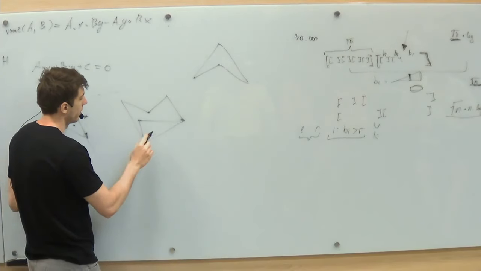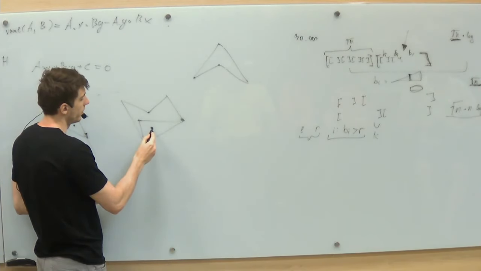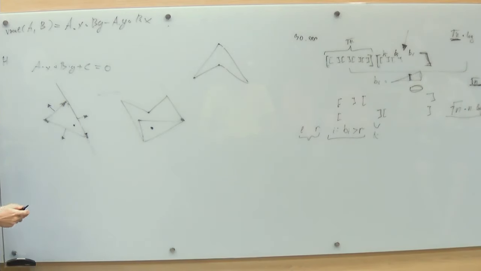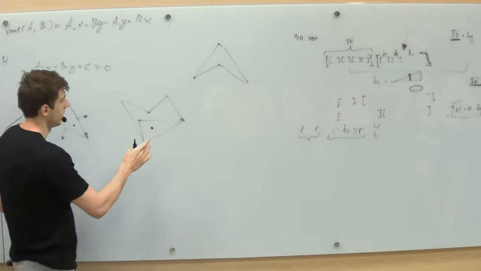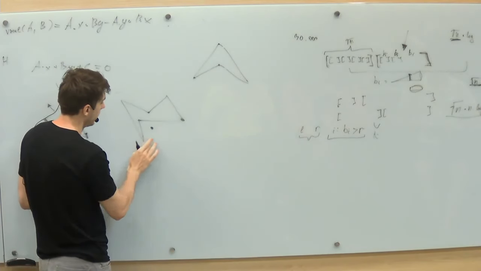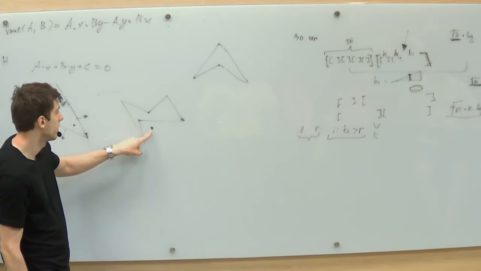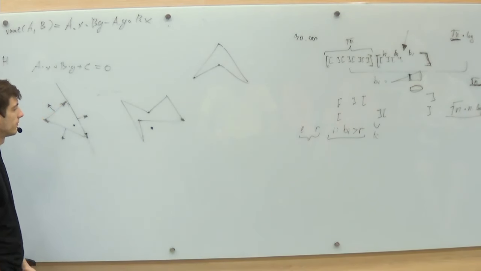We'll just pick one point, maybe the center, maybe something else, but I think the center is a little bit smoother. After that you're going to check whether this point lies inside the polygon or not.